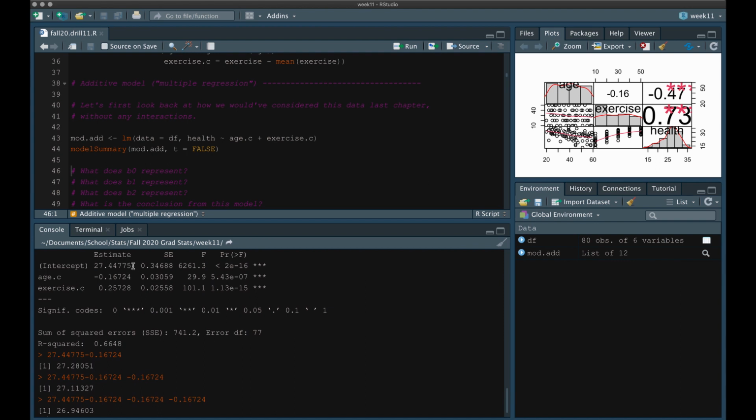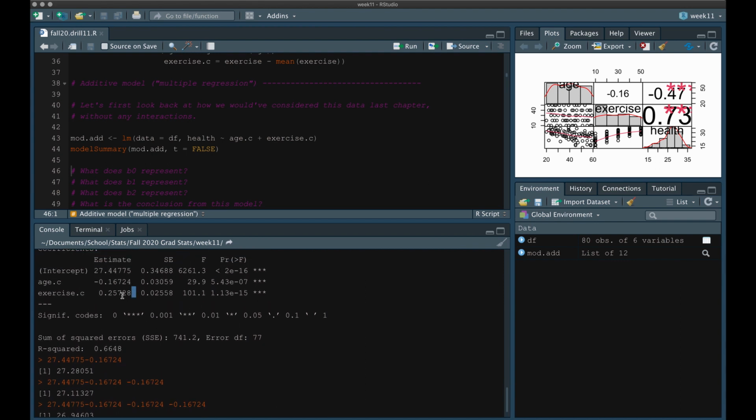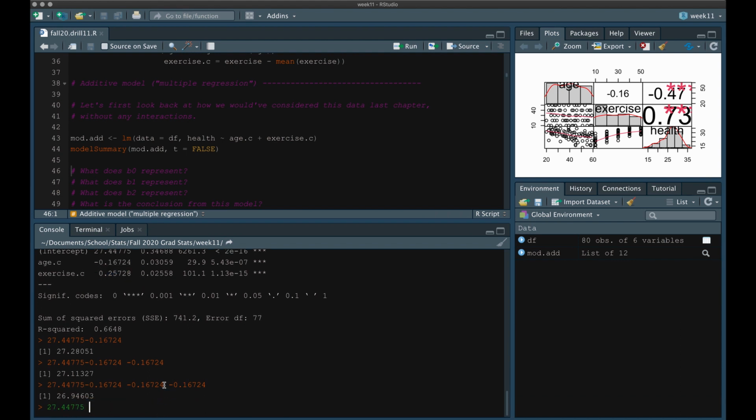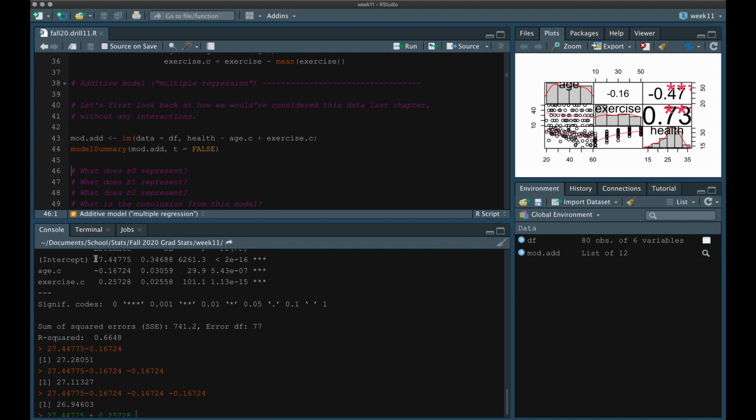And then the same could be said for exercise. Holding age constant at its mean, for a 40-year-old who averages 30 hours per month, we predict their health score will be 27.44775.